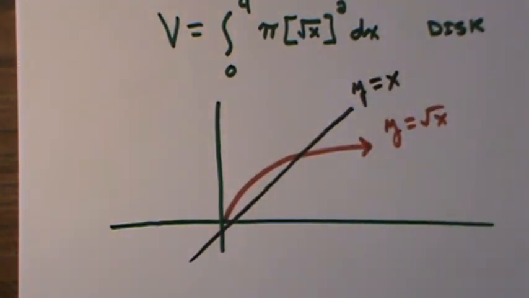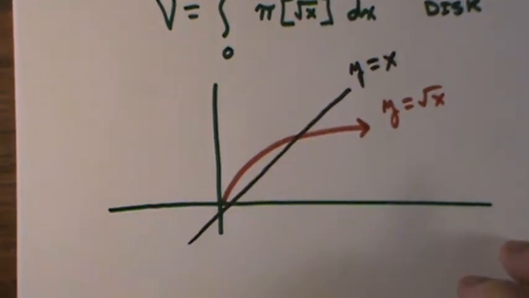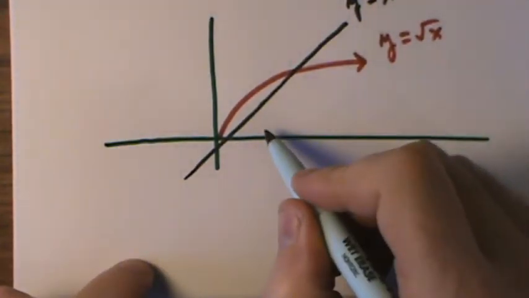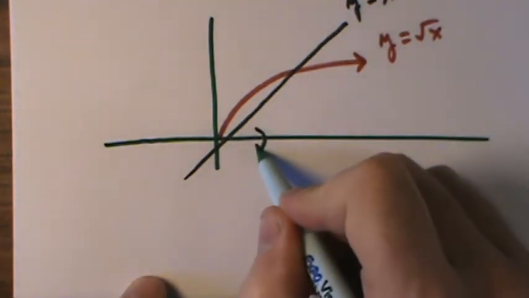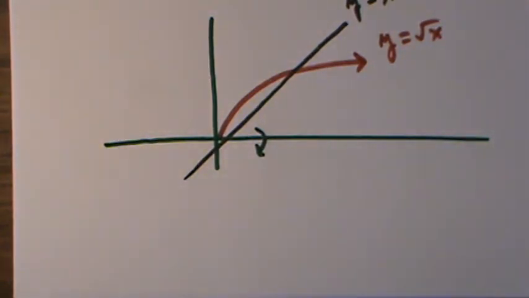And we can revolve this too about the x-axis. So we'll continue to revolve this about our x-axis, and that would create, once again, a three-dimensional object.